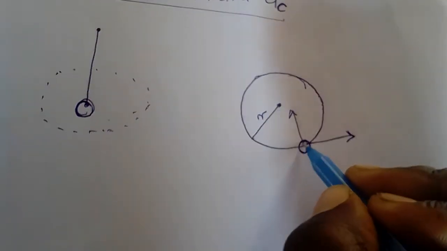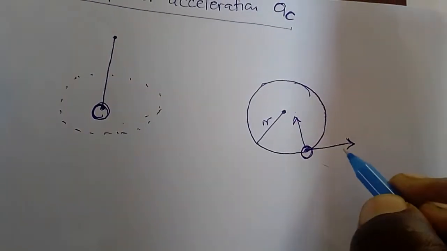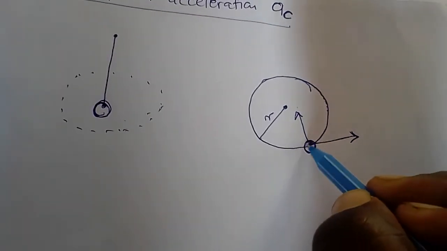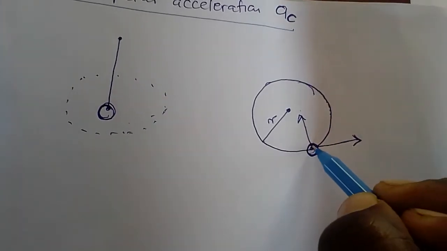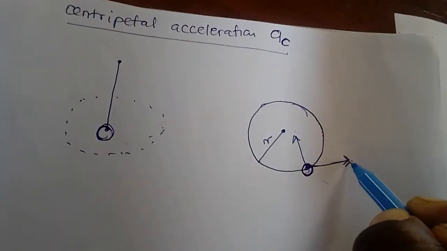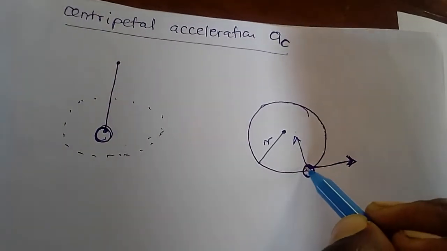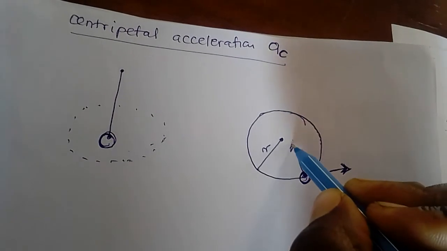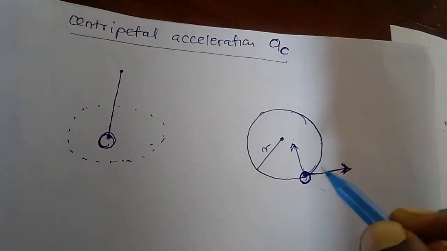So although the magnitude of this linear velocity is not changing, the direction of the velocity continually changes. If it is here, the speed is constant, meaning the initial speed is the same as the final speed. But when the ball is here, it could go out of this circle, or it could go into this path, but it keeps going like this.